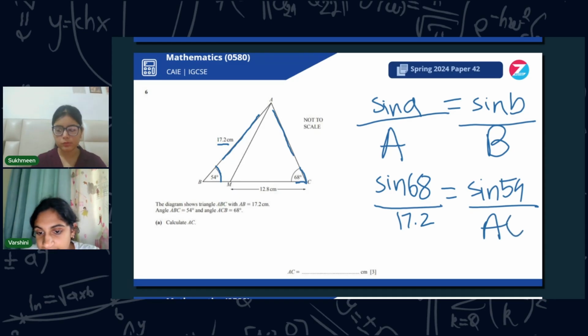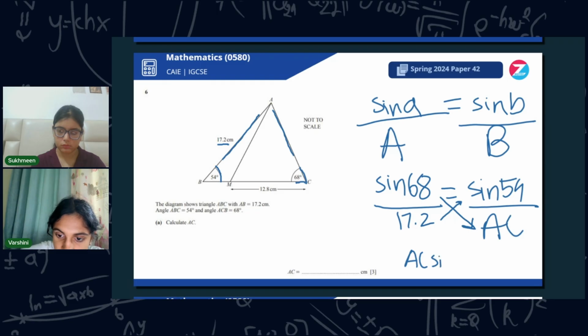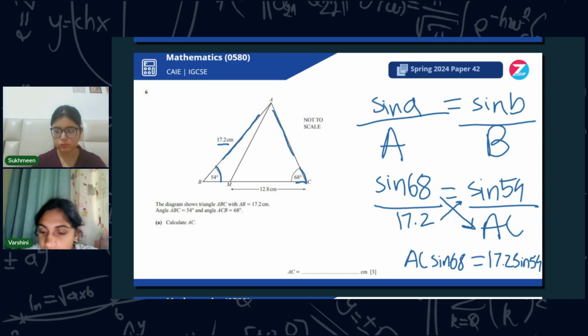And now to find AC, all we need to do is cross multiply. So AC into sine 68 will give us 17.2 into sine 54. And now to get rid of the sine 68, all we have to do is divide both sides by sine 68.